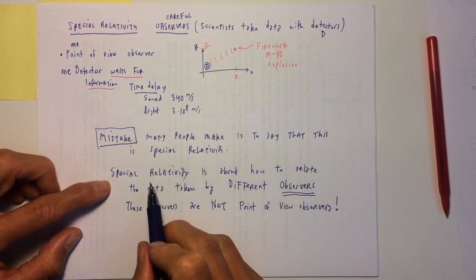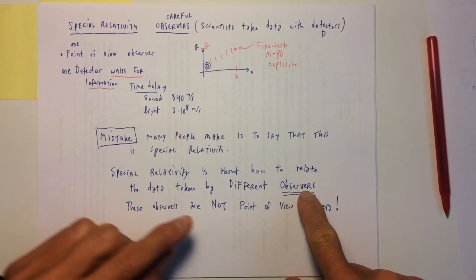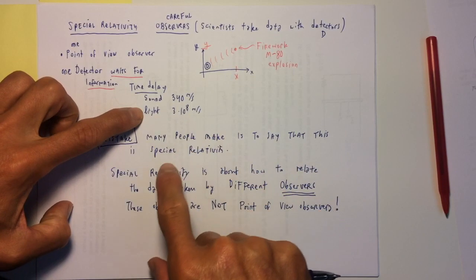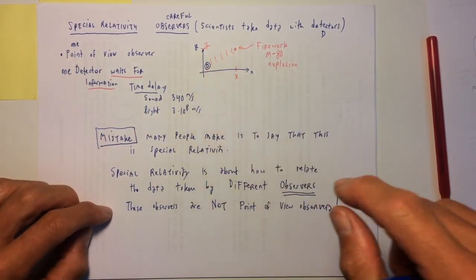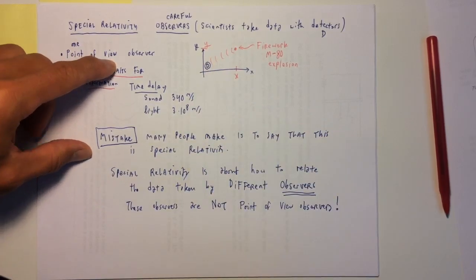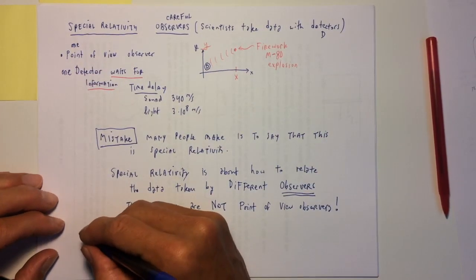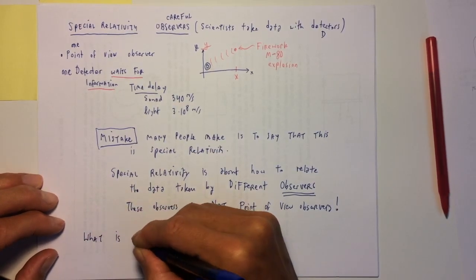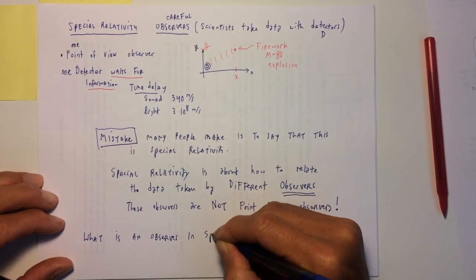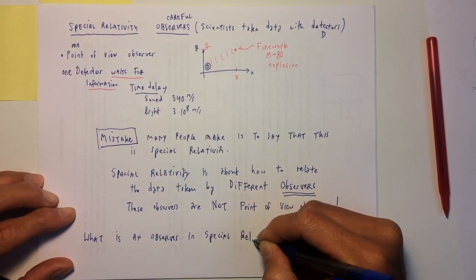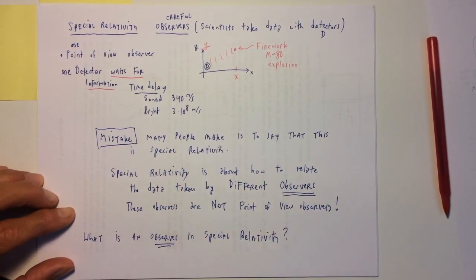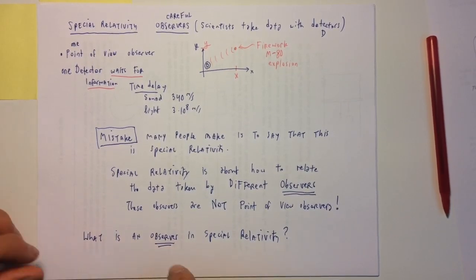So special relativity is not restricted to just worrying about time delays for single observers, or I mean single detector point of view observers. Okay, so the question is what is an observer in special relativity? So we have to talk about this.